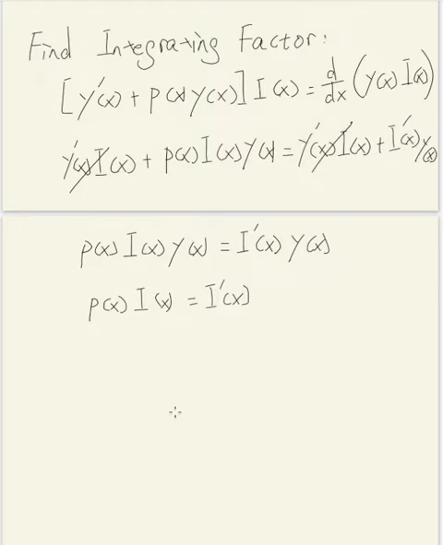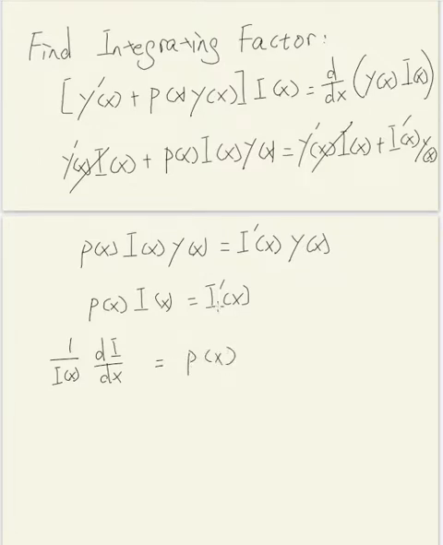Why? Because it's a separable equation. If you rewrite I prime as di dx, then 1 over I of x times di dx equals p of x.